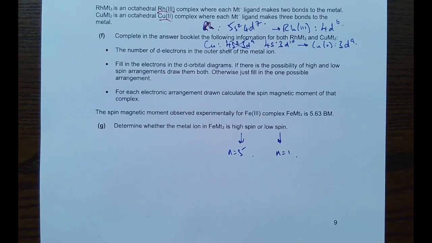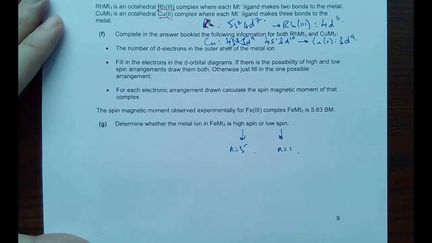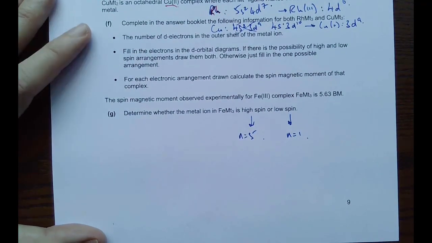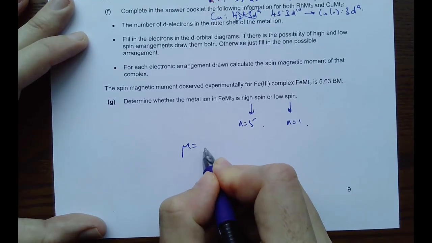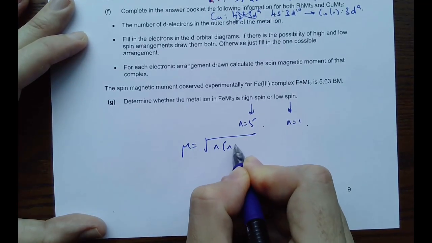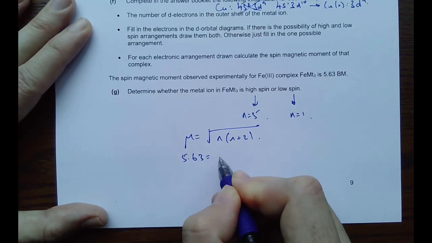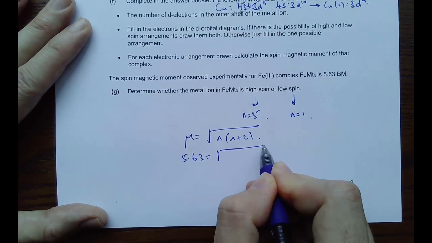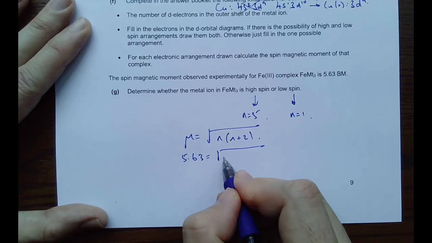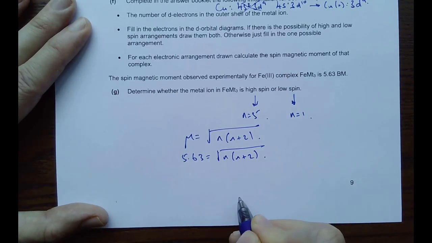Now, my initial temptation is to work this backwards. So I know that mu equals the square root of n into n plus 2. And I'm given 5.63 equals mu, so I can solve that for n.